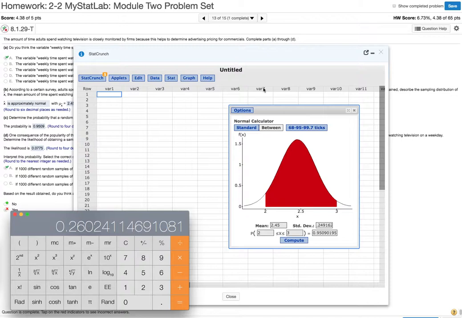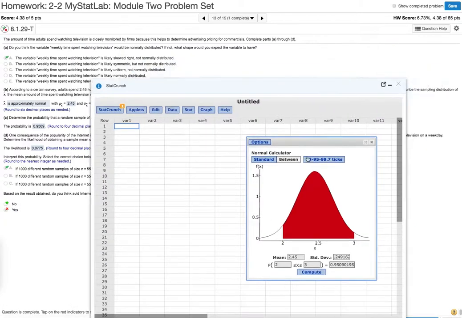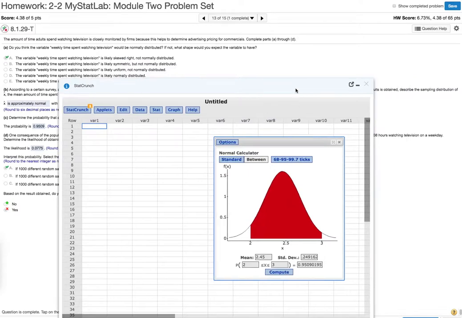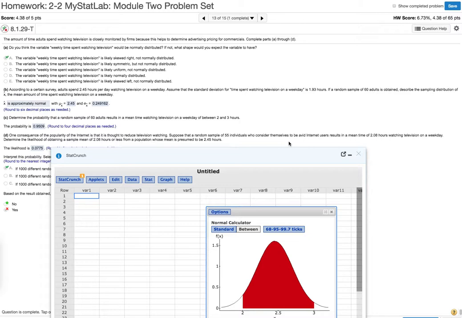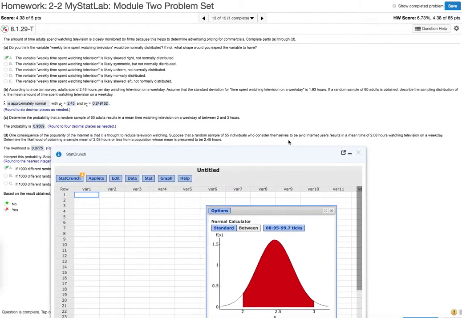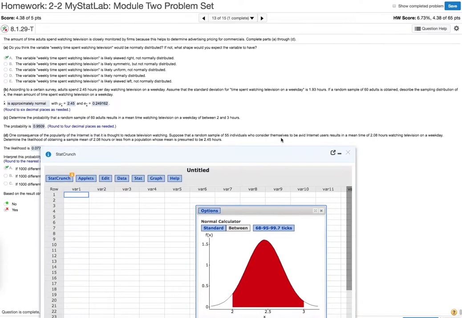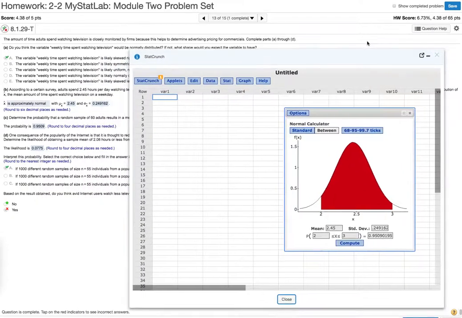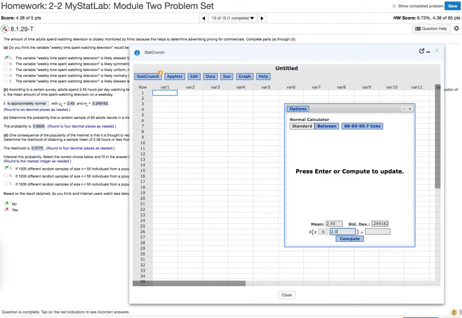Okay, and then we're just looking at, in the question, we're looking for 2.08 hours or less. So here, we're not doing a between, we're doing the probability that it's 2.08 hours or less.